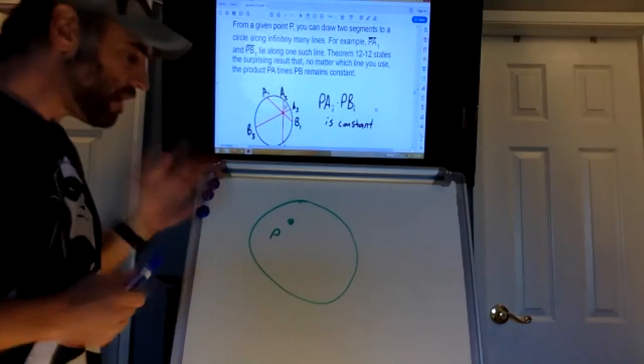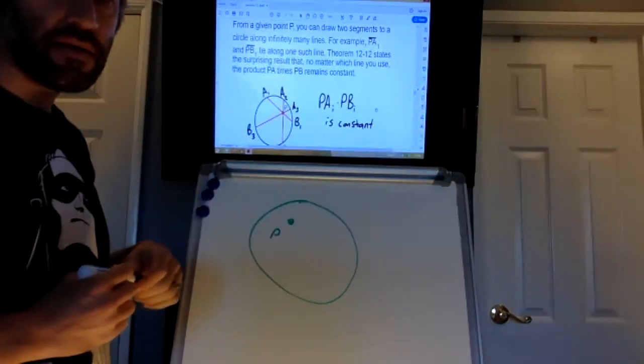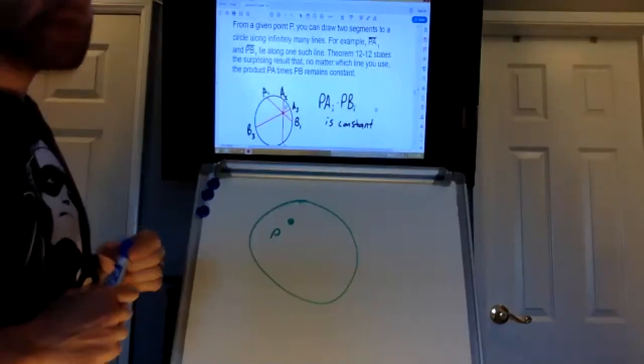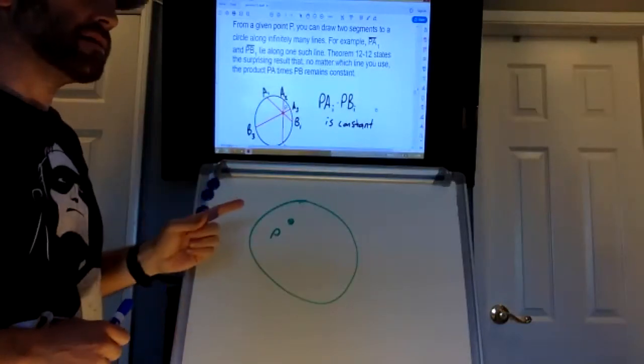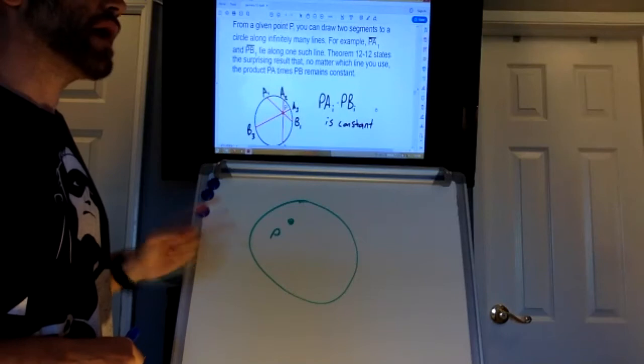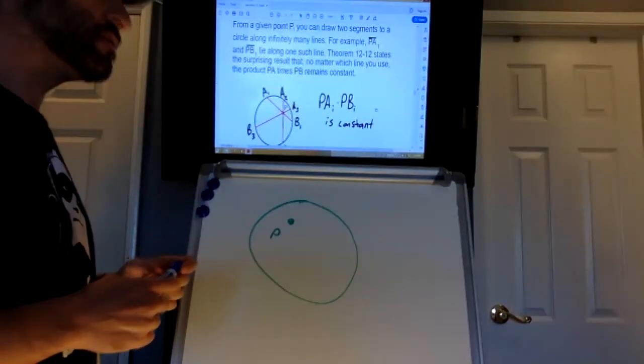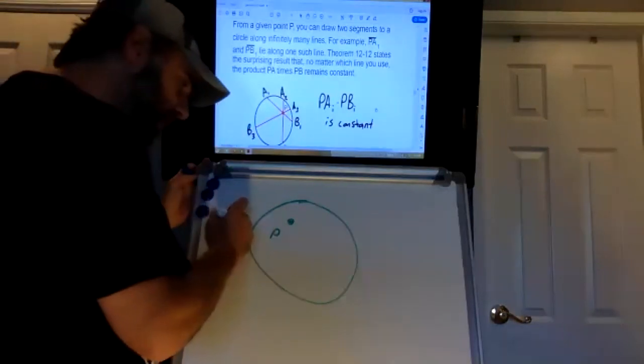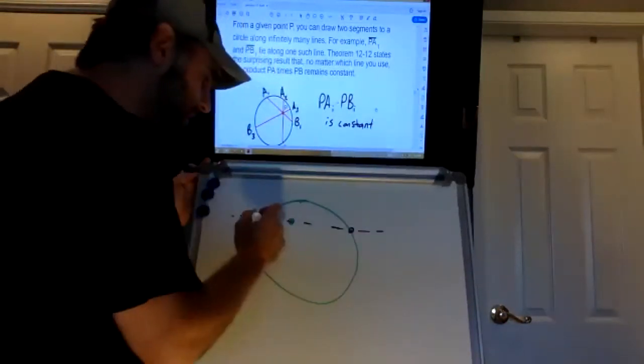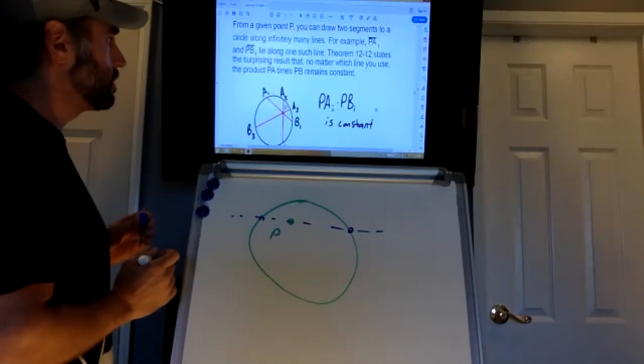Okay. How many lines can I draw through point P? Infinitely many. But each line I draw, how many places is it going to make contact or intersect the circle? Two. Aren't I going to get a contact there and there? I'm talking about the points.